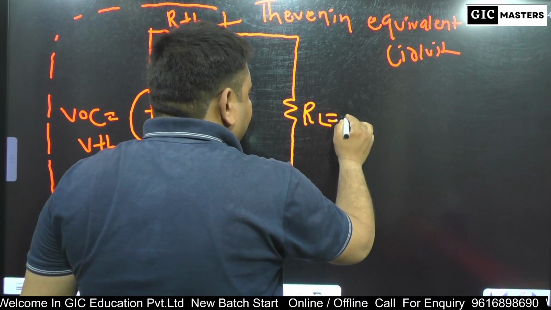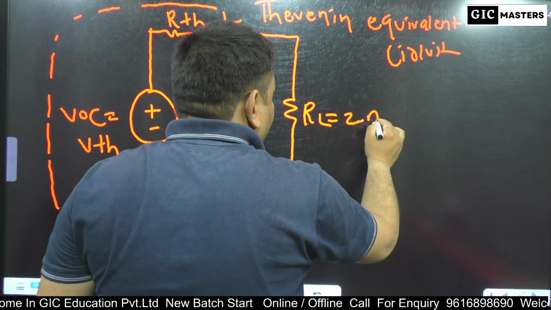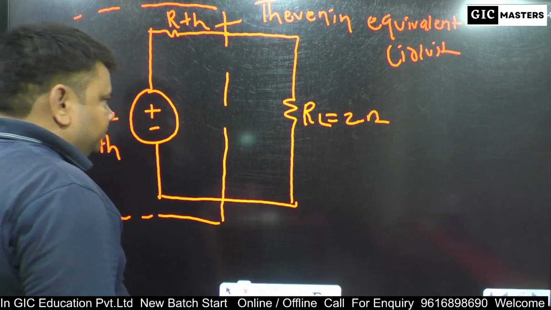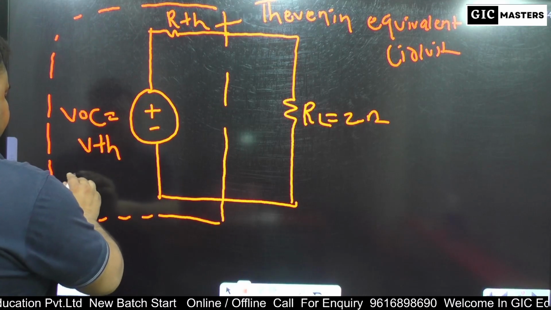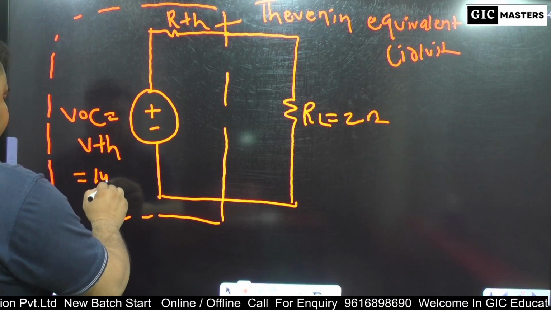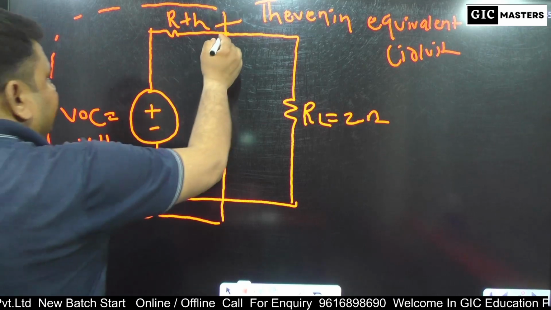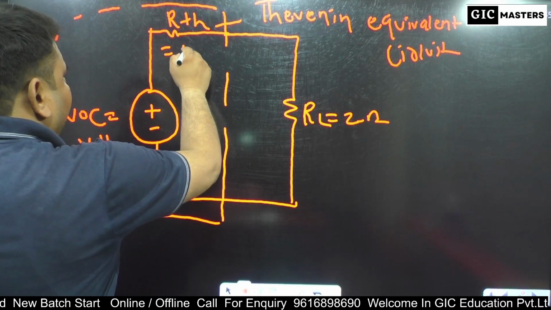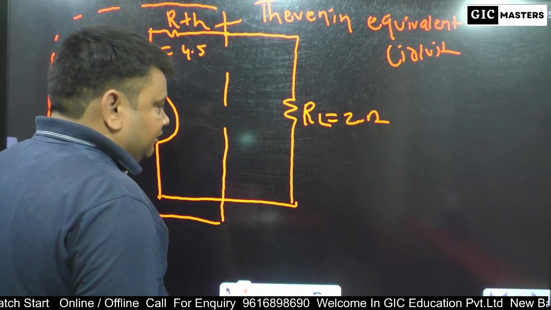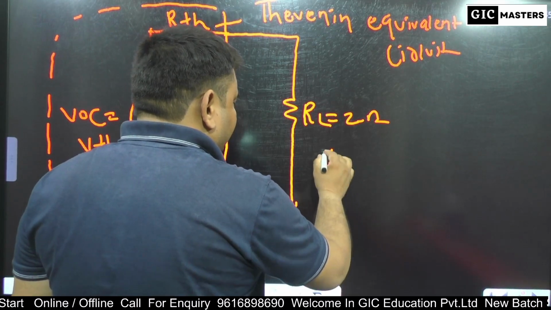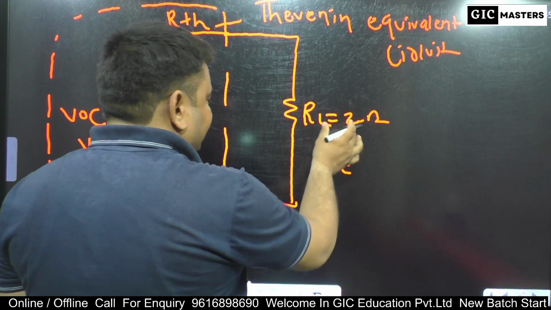The value of this load resistance is 2. Here VTH equals 14.11 and RTH equals 4.5. So finally we calculate the current through the load resistance RL.